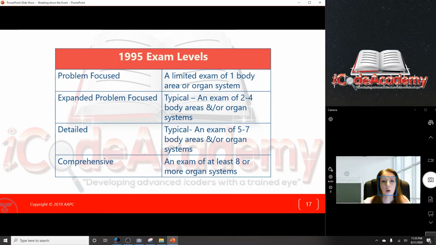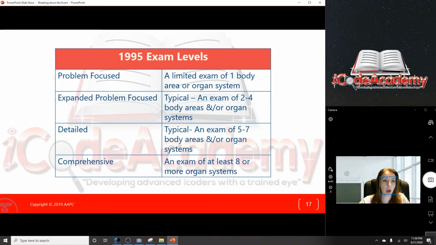When we're talking about comprehensive, let's move all the way down to the table now. This is at least 8 or more organ systems. So please pay attention that for a comprehensive exam under the 95 guidelines, you cannot use body areas. That doesn't mean the provider can't examine a body area. They can.